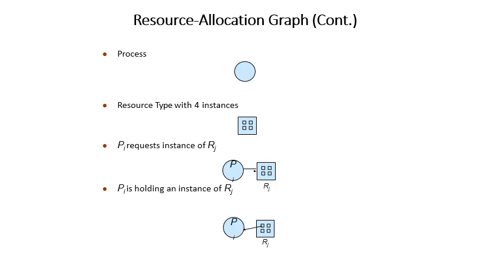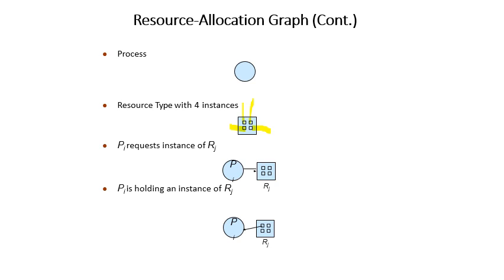Within the square there are different instances. This informs us that there are four resources present within this resource. The resources might be memory, CPU, or any other input output devices.